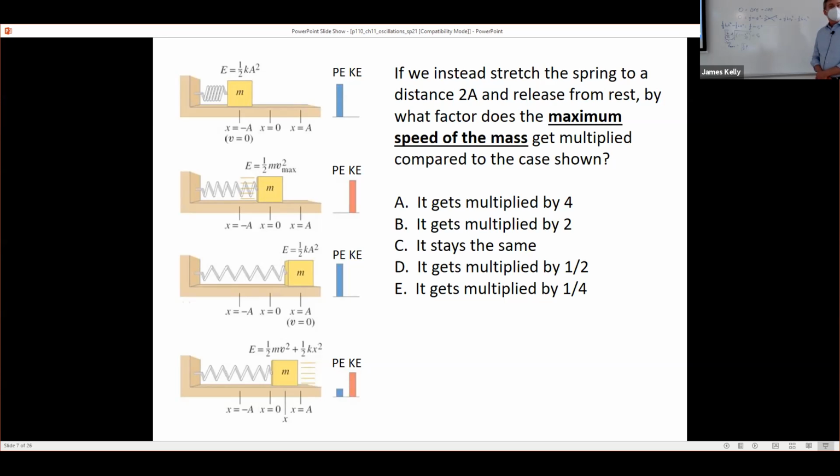Let's see a vote on that one. Still, everybody's very hesitantly holding up fingers, but I'm seeing a lot of B's there. What's the reasoning for B?